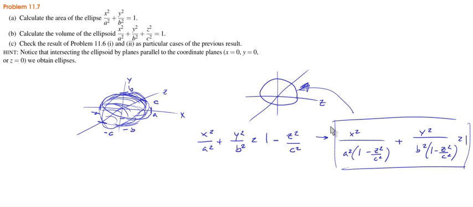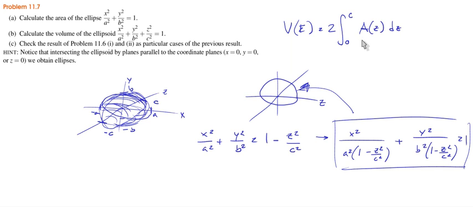So now from this, what we have to do is integrate. The volume of this ellipsoid is going to be twice the volume of the ellipsoid that starts at 0 and goes to c. You can see that, right? So this is 2 times the integral from 0 to c of the area as a function of z.